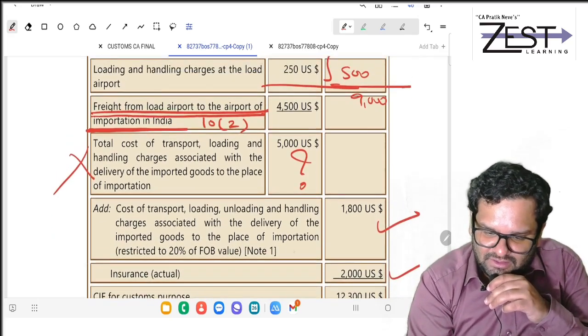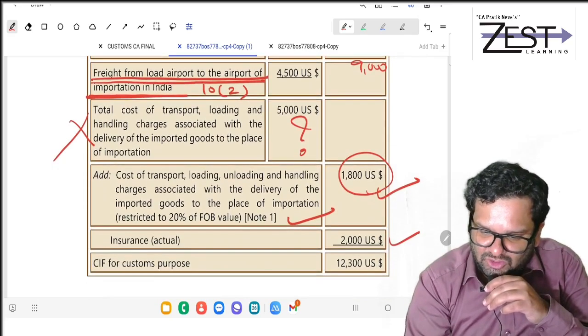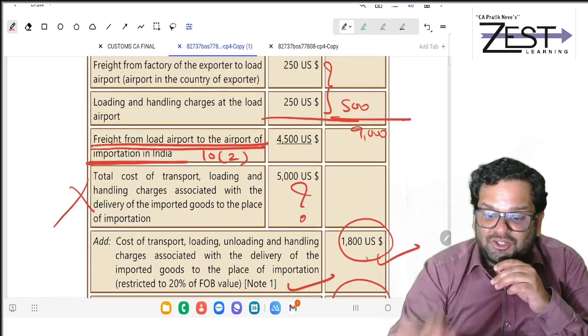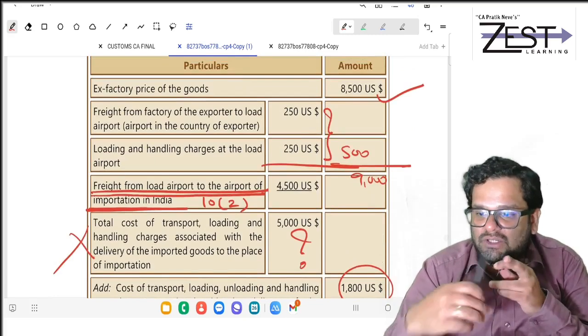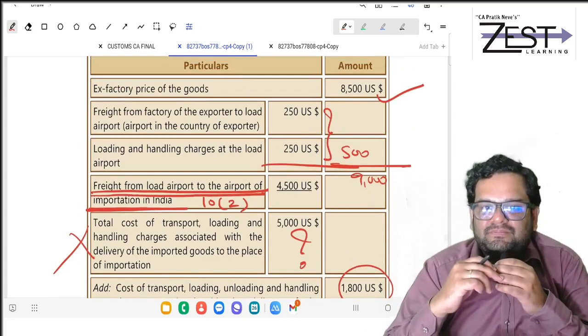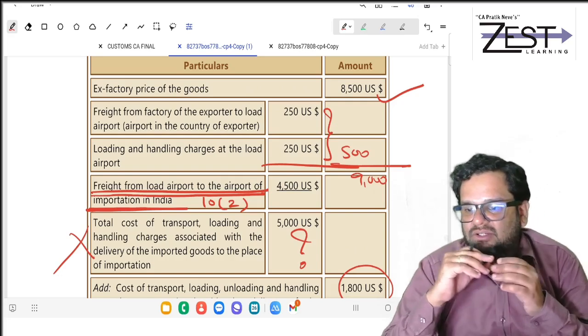And then this is taken correct. 1,800 is taken correct, and 2,000 is also taken correct. Total is not taken correct. Friends, total is not taken correct. Getting my point? In this question, ICAI has not taken the total correctly.